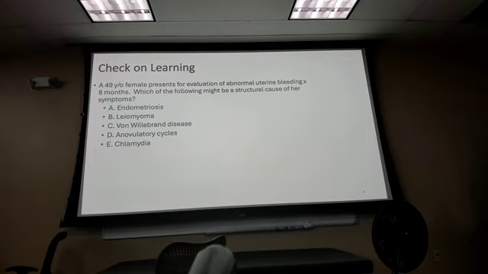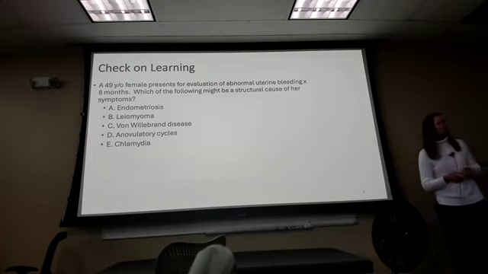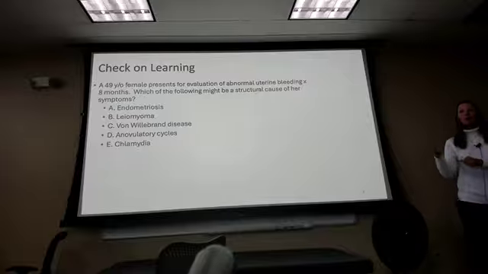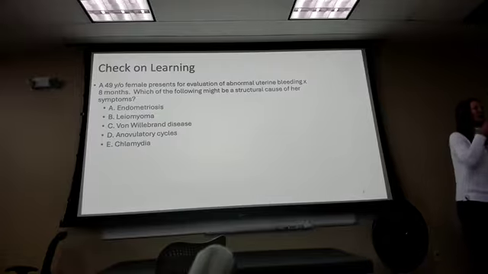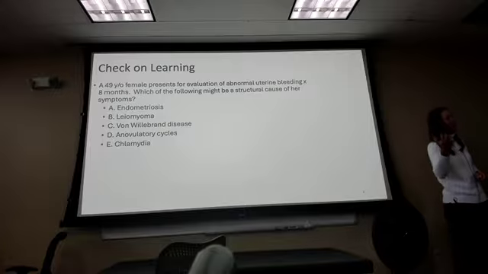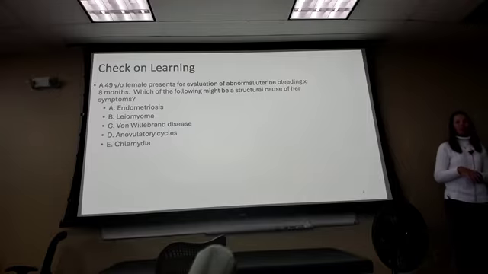Okay, anyway, when you study for this test, remember PALM-COEIN. PALM is your structural causes, 25%, and we have polyps, adenomyosis, and leiomyomas, which are also called uterine fibroids, and then we have malignancy and hyperplasia.